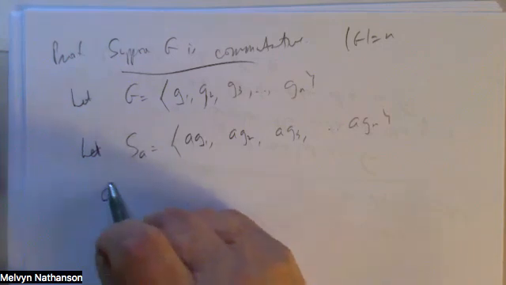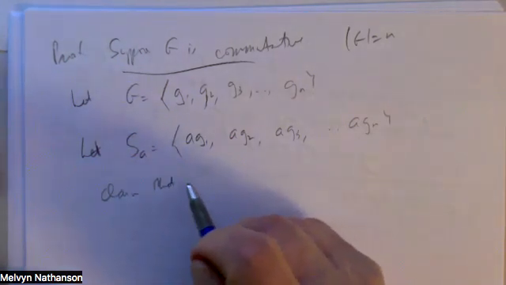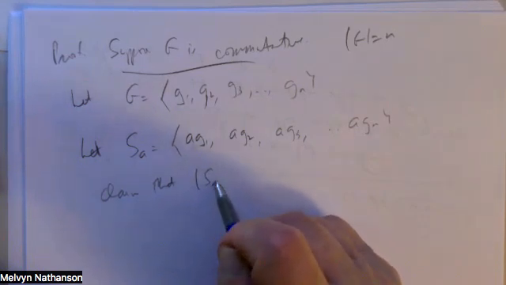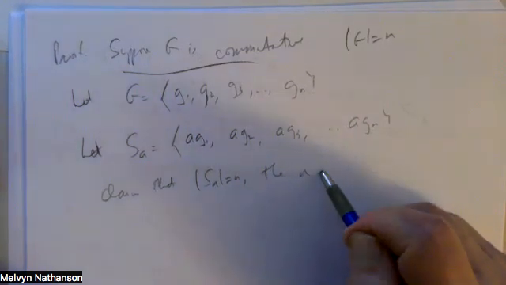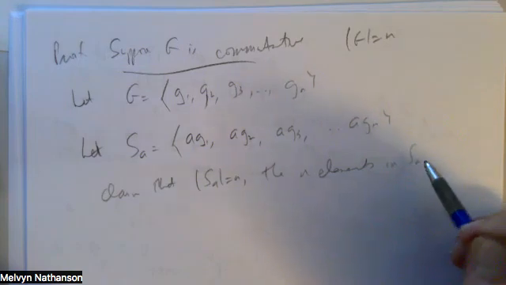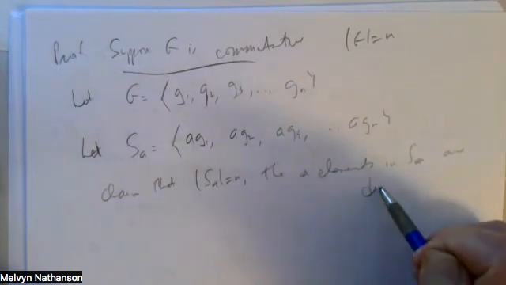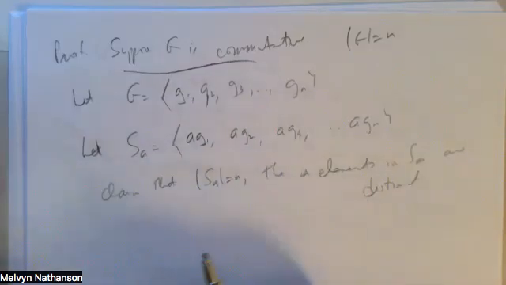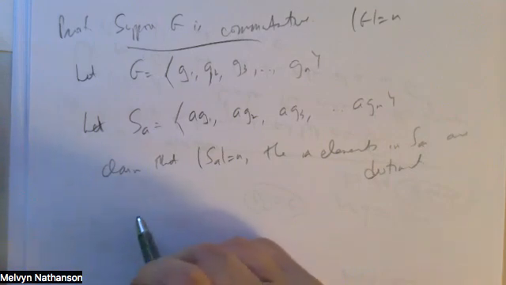So I claim, first of all, that the cardinality of S of a is equal to n. That is, the n elements in this set are distinct. And the proof is very simple.